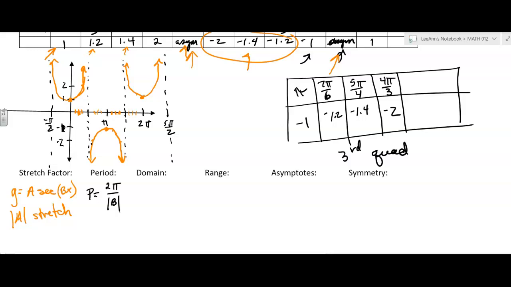Now, the domain is kind of interesting here. So the domain is going to be, well, it's all real numbers except where the asymptotes are. And so that's pi over 2.